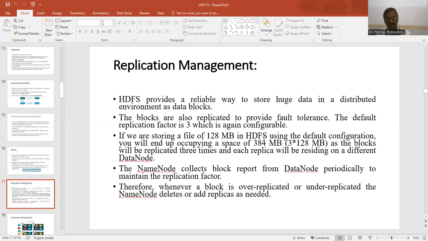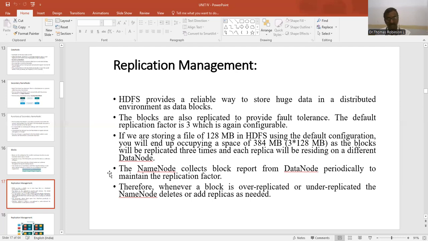The condition is: if a 128 MB block of a particular file is stored in a data node, another copy of the same block will not be stored inside that same data node. That's the important part in this replication management.